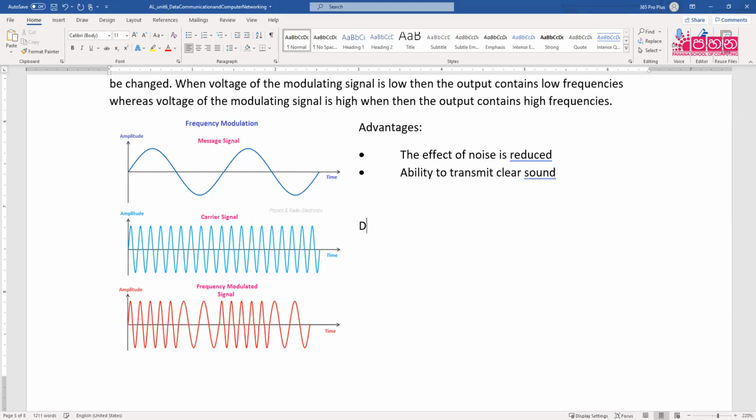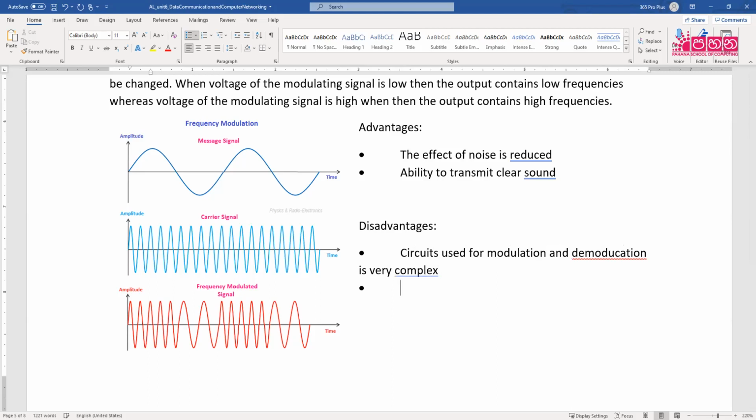Right. Then disadvantages. The circuits used for modulation and demodulation are very complex.